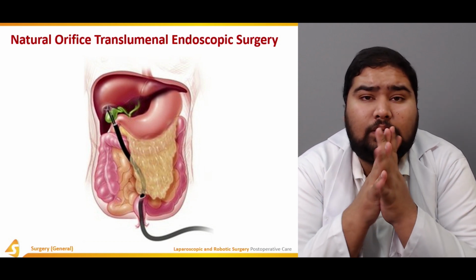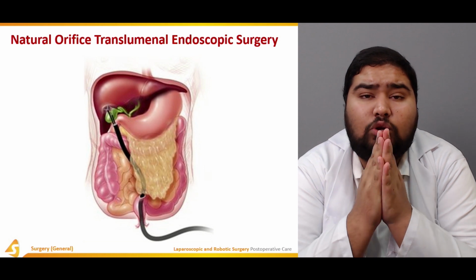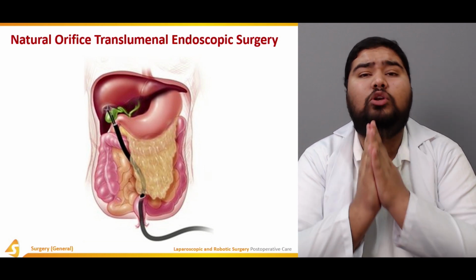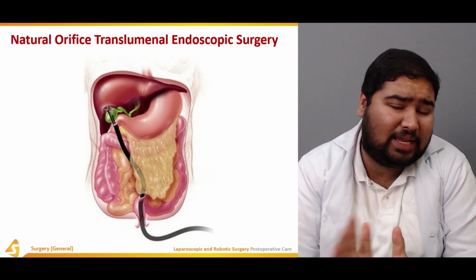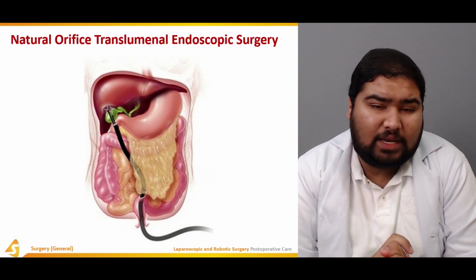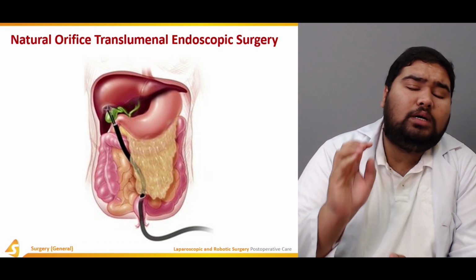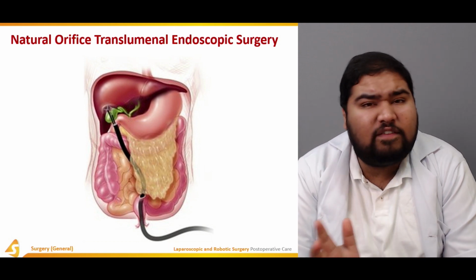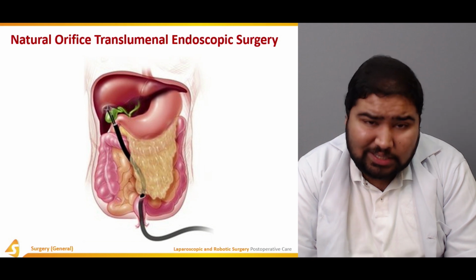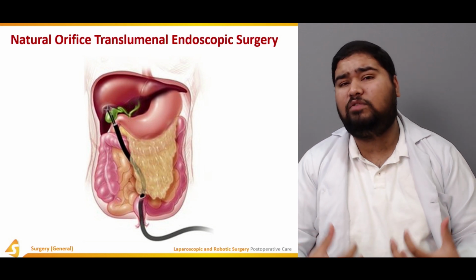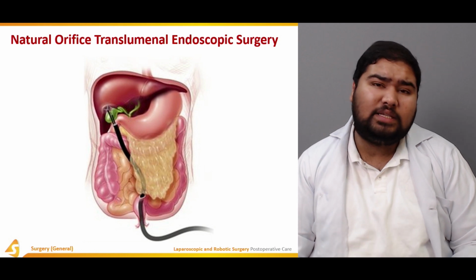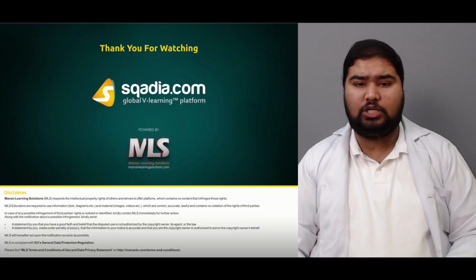After removing the gallbladder, you need to close that rectal canal, and the closure of that rectal canal is still not very well developed. The techniques for the closure are not very well developed. So this is not favored by a lot of surgeons because of the chances of a lot of complications developing during this procedure.